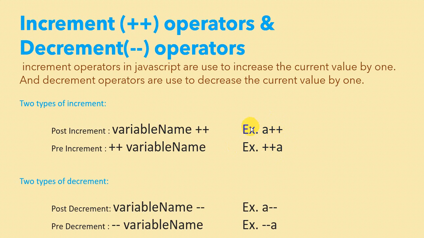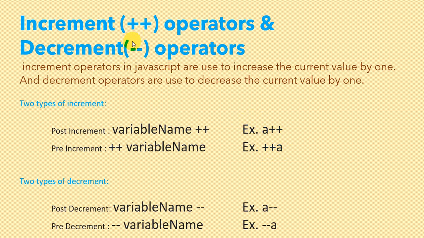Okay, so see the difference. This is called post because this symbol is coming after the variable, and this is called pre because this symbol is before the variable name. Okay, getting it, student?